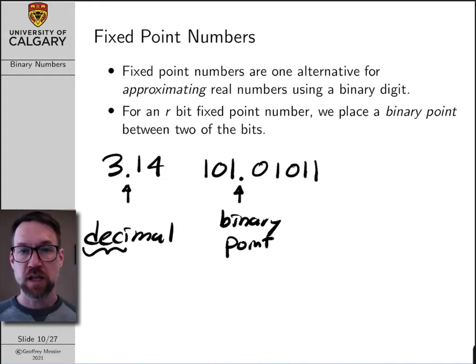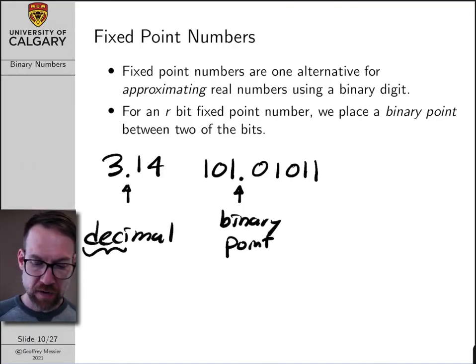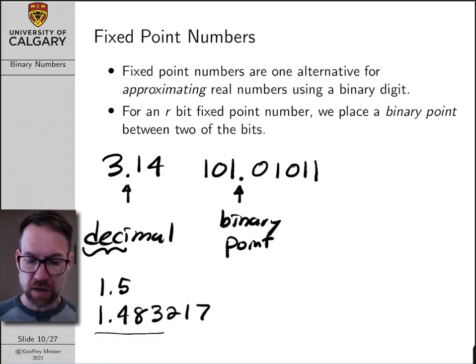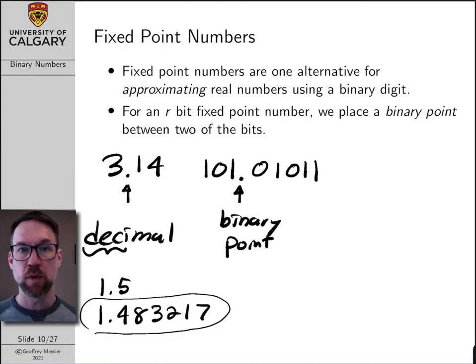Now, similar to base 10 numbers, we have to make a decision about what kind of precision we want to use when representing our real number. So for example, I could write a number as 1.5, or I could write a number as 1.483217. Obviously, the second number is representing the real number with greater precision because we're using more digits to the right of the decimal point. And we have exactly the same thing with fixed point numbers.